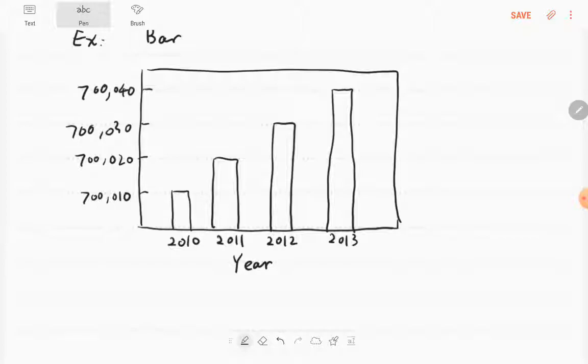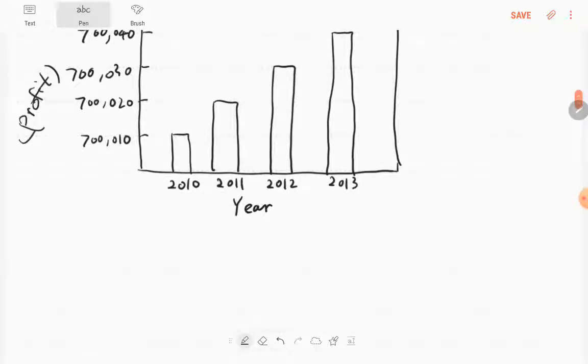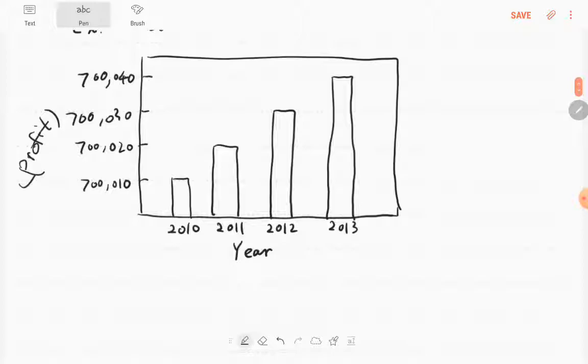So this is the profit. The vertical line means the profit. If we are interested in the profit for 2011, how can we find that value? So we only need to locate what is 2011 first.